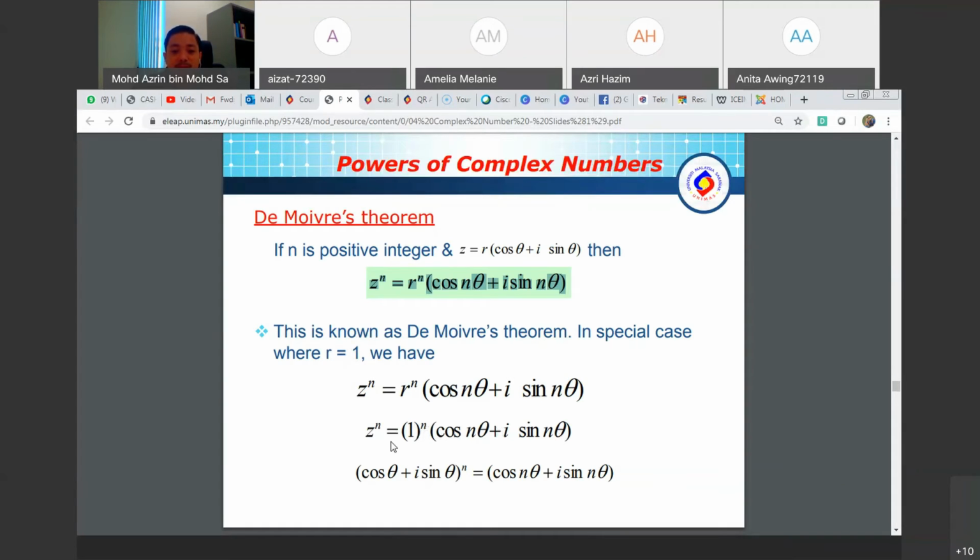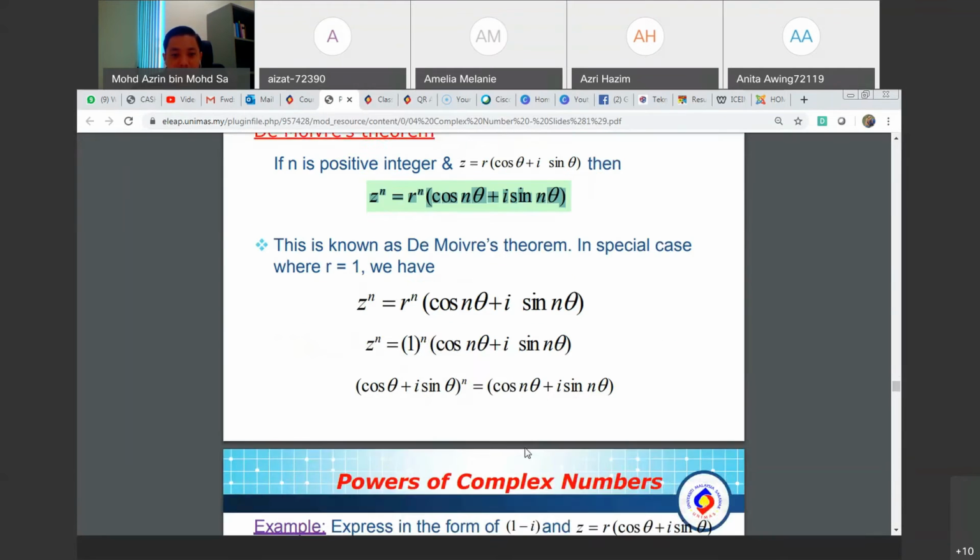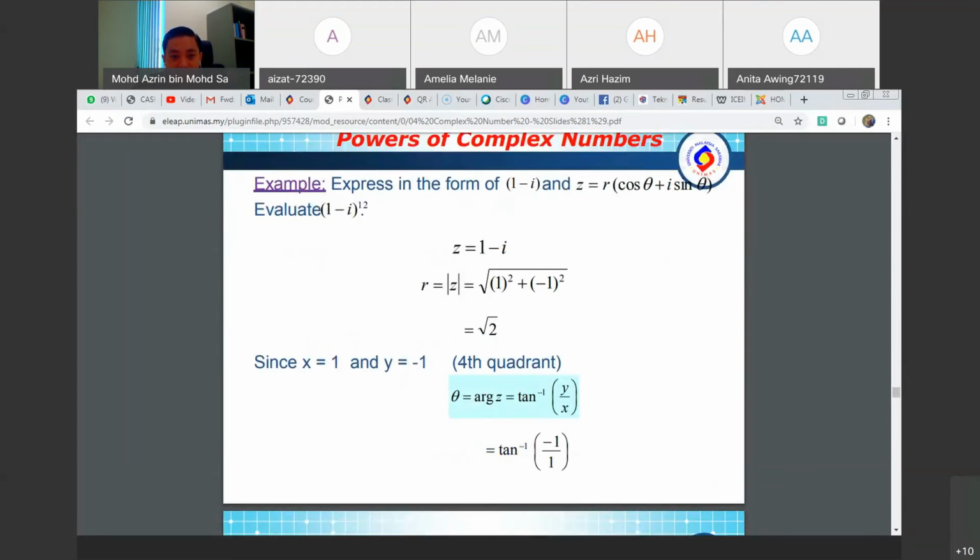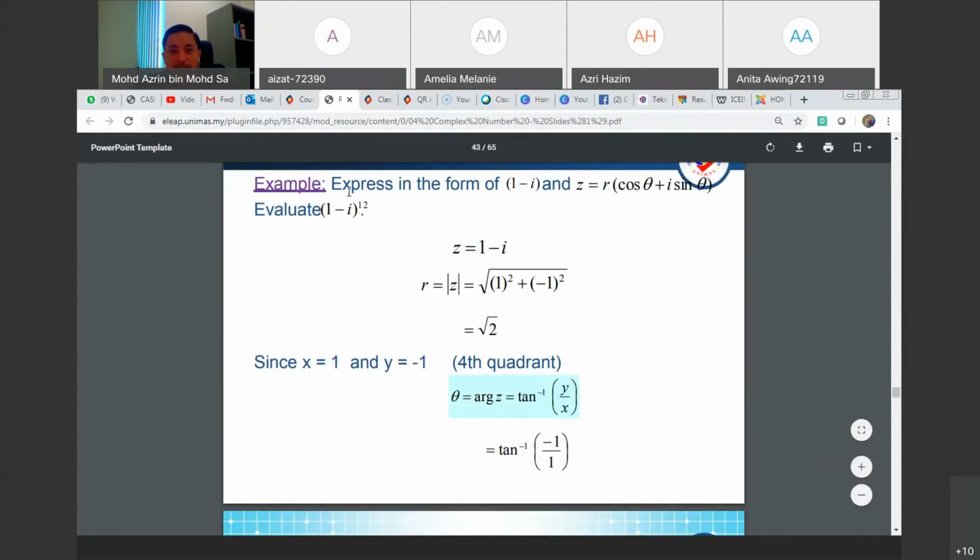So you will get the direct equation, (cos theta plus i sin theta)^n equal to cos n theta plus i sin n theta.